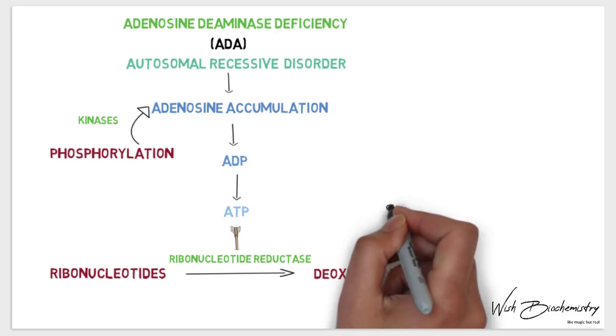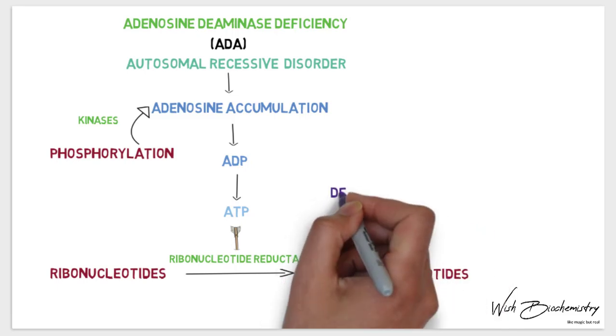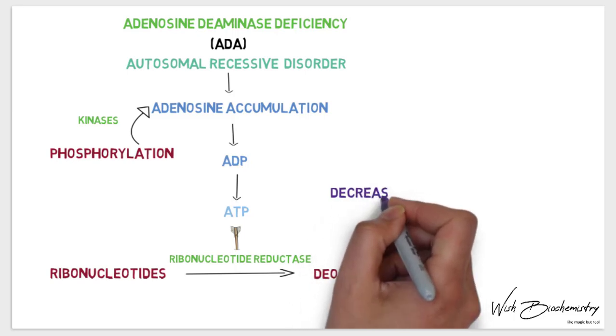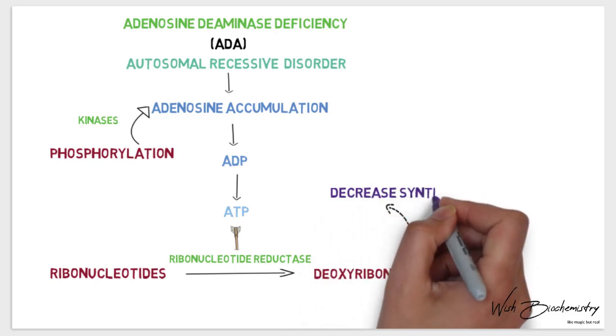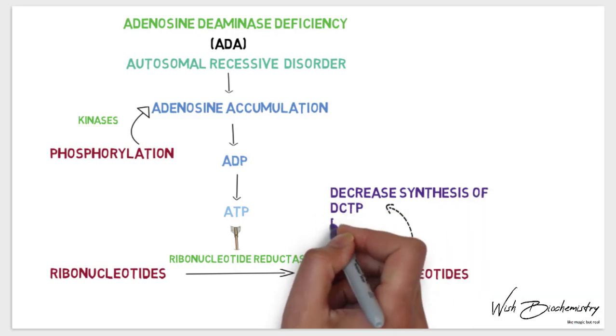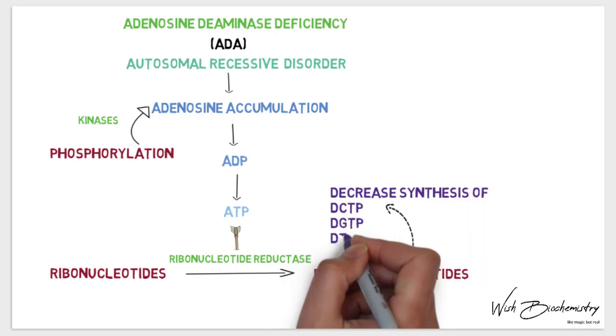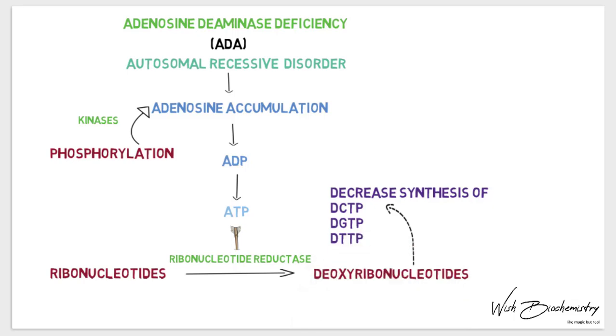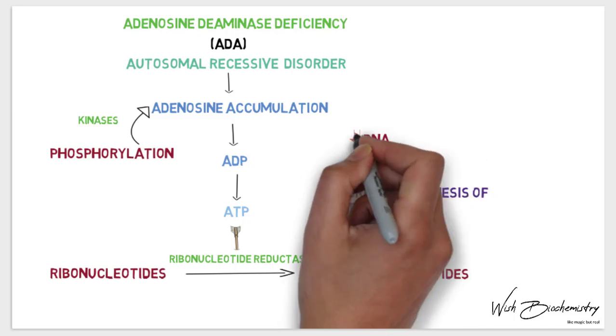The lack of this enzyme will result in decreased synthesis of deoxycytidine triphosphate, deoxyguanosine triphosphate and deoxythymidine triphosphate, but will result in buildup of deoxyadenosine, eventually leading to decreased DNA synthesis.